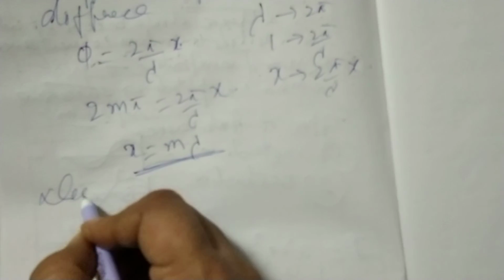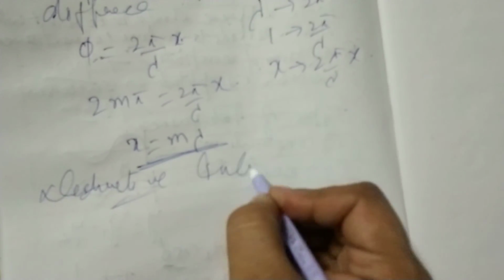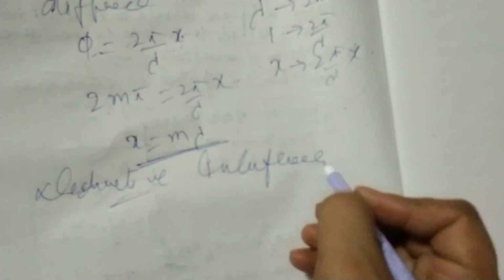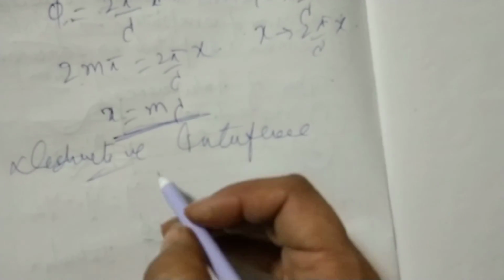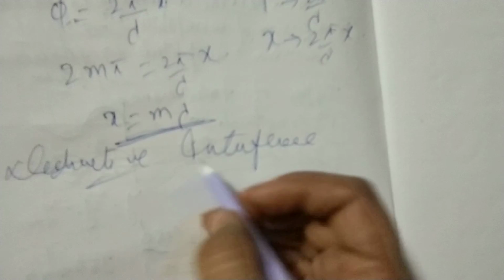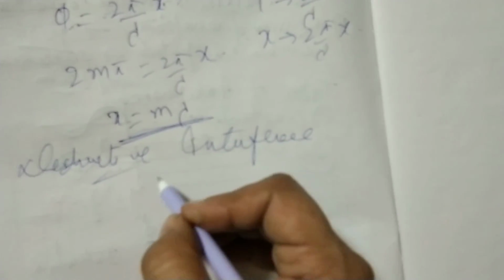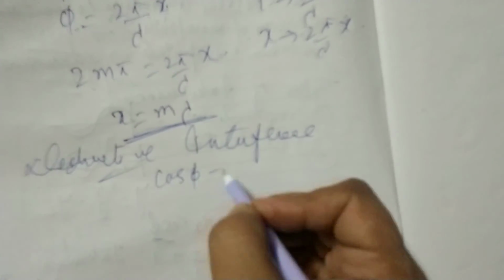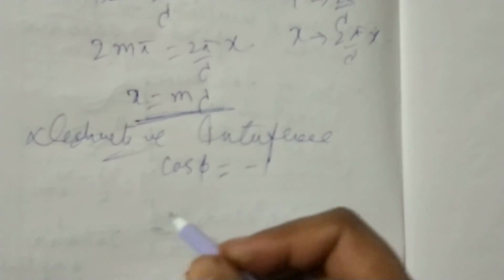Now let us do the destructive interference. What condition have we got? For destructive interference, the condition is that cos phi becomes minus 1, while 0 and 2 pi are constructive.